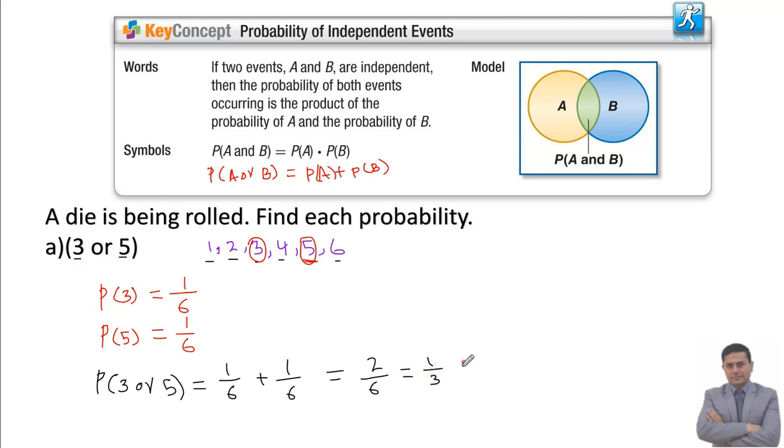When I divide 1 by 3, it is 0.33, or 33% if you want to use the percentage. So that's the first type of probability. Let me move to the second part.